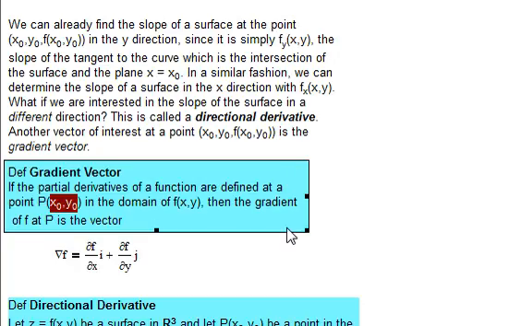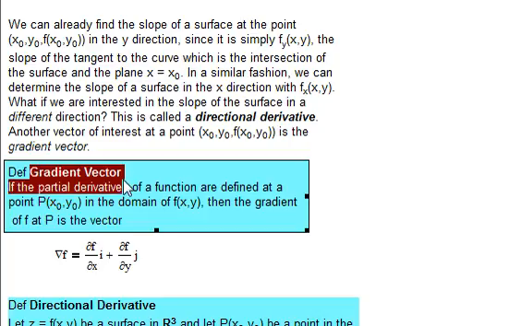Okay? That's a crucial point. Like, what is a gradient vector? It's a vector that on the surface at a point points where the surface is steepest, if you want. If you're on the side of the mountain, you're pointing at the peak. Of course, in the opposite direction of that, you're going down into the valley.